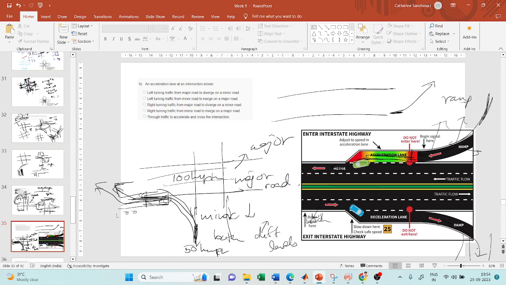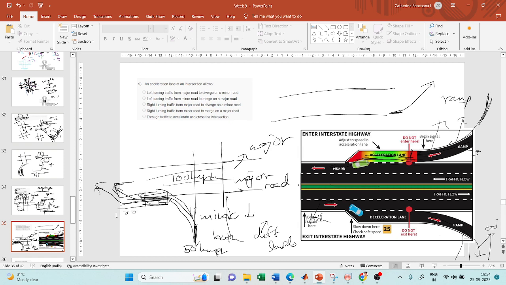Vehicles here will be traveling at 50 kilometers per hour, and I cannot enter the roadway with my speed of 100 kilometers per hour because it will create accidents. So in such a case, there's a deceleration lane where I will bring down my speed from 100 to 50, and then I will enter the ramp and reach the minor roadway.